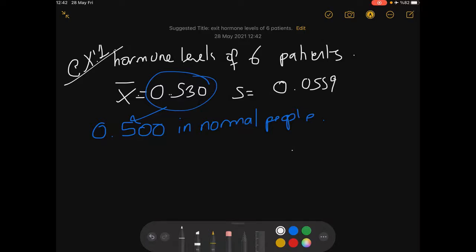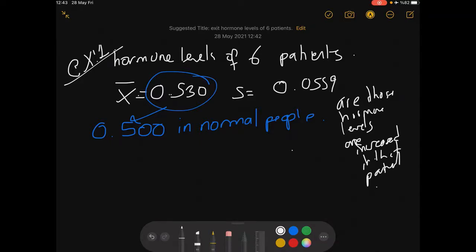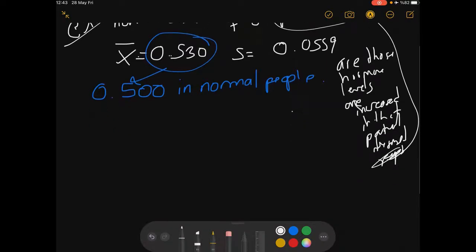Are those hormone levels increased with respect to normal people, in the patients with that particular disease? In those patients, is it elevated or not? That's what we're trying to figure out.